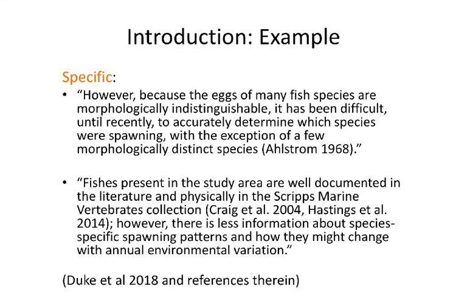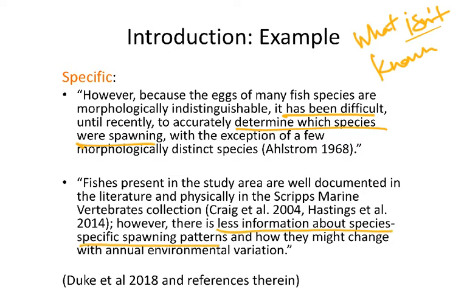And then for specific things, we talk about what isn't known. So if you look at the examples that are pulled here, it talks about how it has been difficult to determine which species were spawning, how in the second bullet point here there's less information about specific spawning patterns, how they might change with environmental variation.